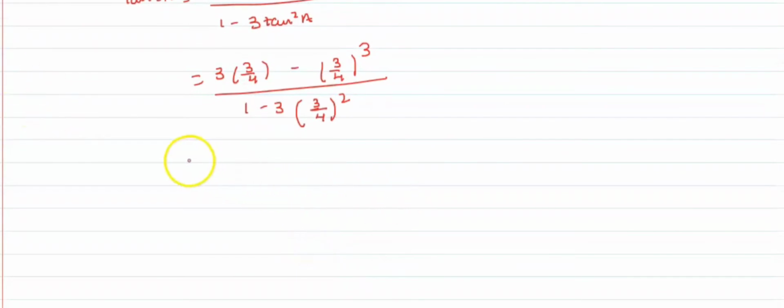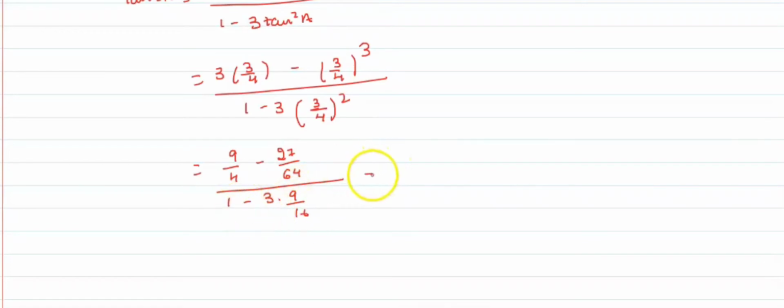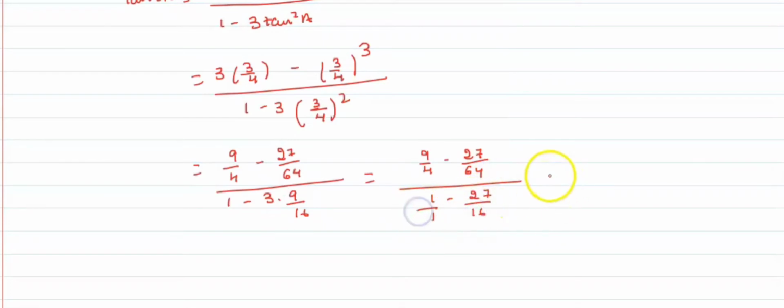So this is 3 3s is 9, 9 by 4, 3 cube is 27, 4 cube is 64, whole divided by 1 minus 3 into 3 square is 9 by 16. On further simplification, 9 over 4 minus 27 over 64, whole divided by 1 minus 27 by 16. This I'll write as 1 by 1.